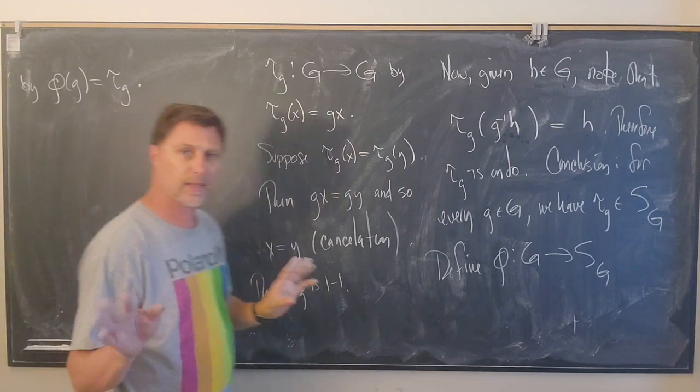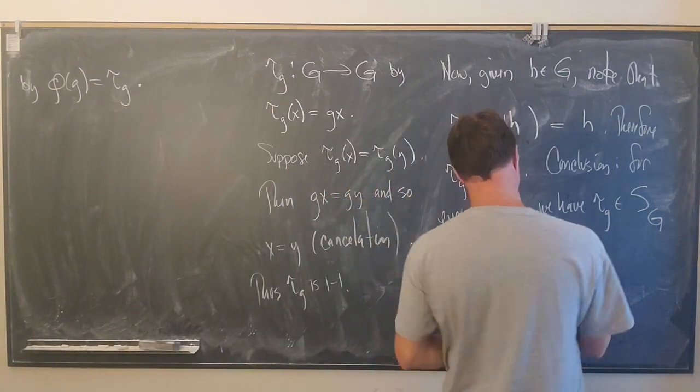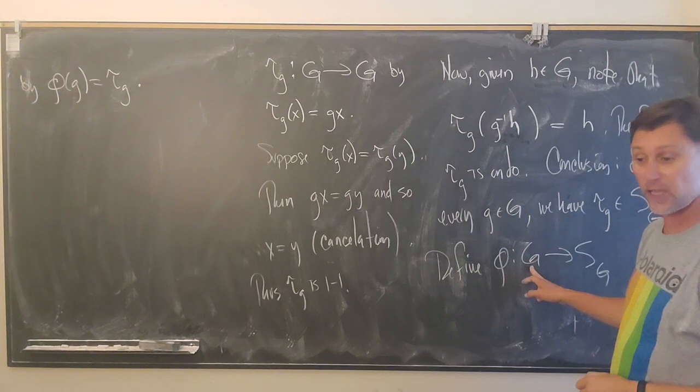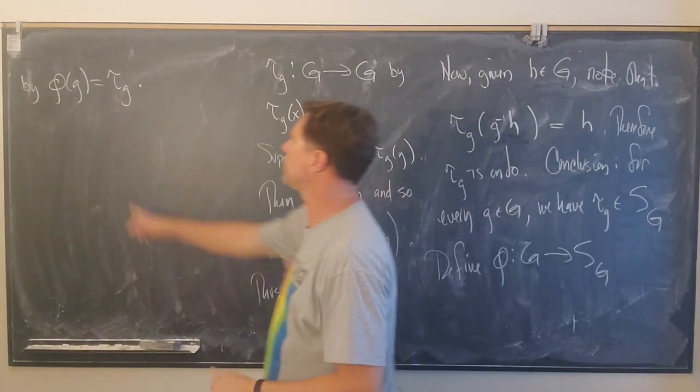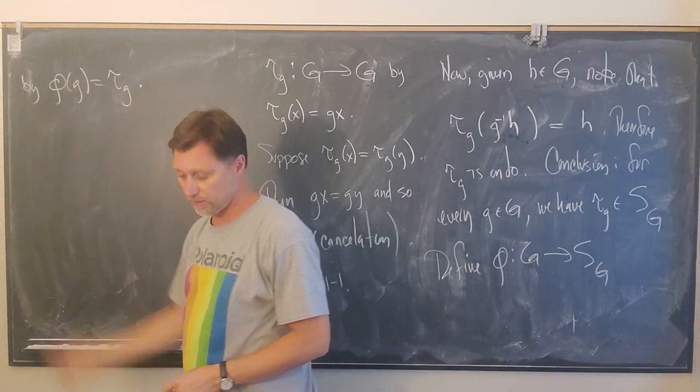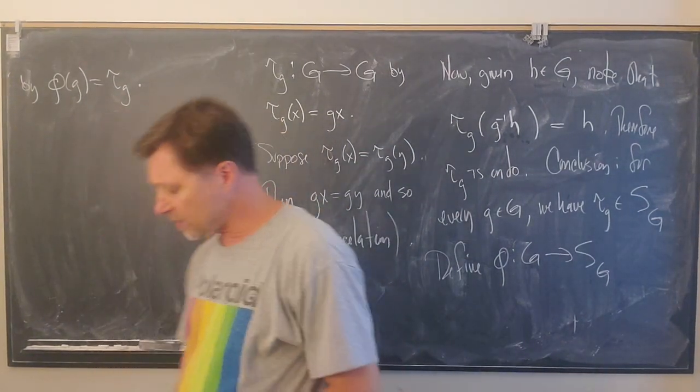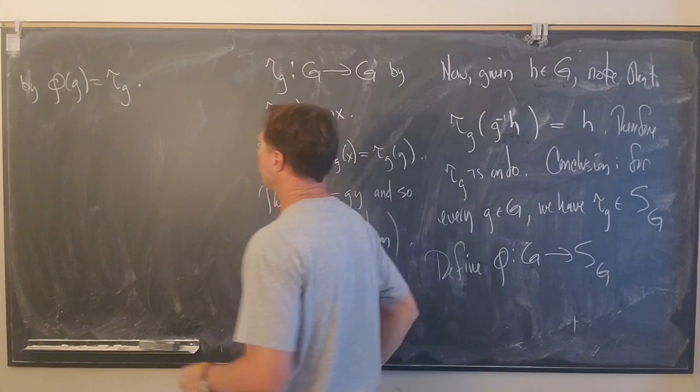So make sure that this makes sense to you. The input is an element little g. The output needs to be a permutation of G. The natural thing to do is to choose that particular permutation of G. And now I need to verify that phi is a homomorphism.